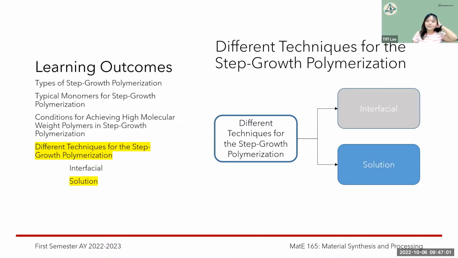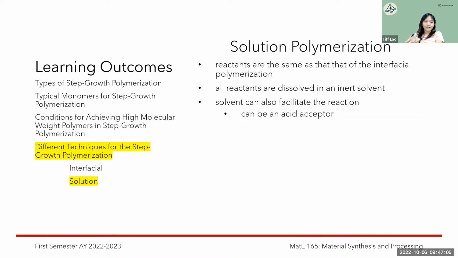Last, solution polymerization. In solution polymerization, the reactants are the same as in interfacial polymerization. All reactants are dissolved in an inert solvent. A solvent can also facilitate the reaction, and it can be an acid receptor.